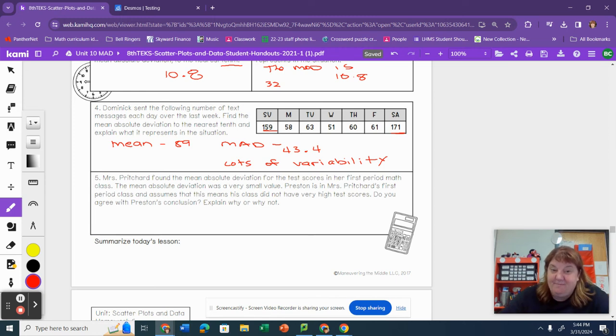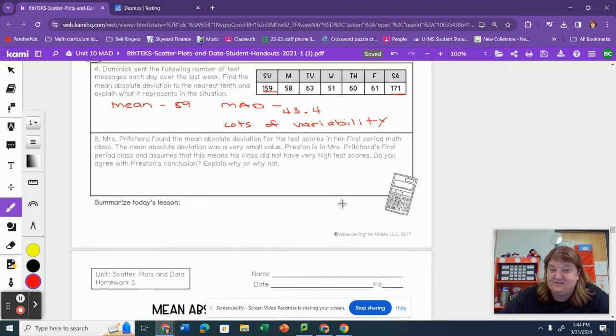Mrs. Pritchard found the mean absolute deviation for test scores for her first period in math. The mean absolute deviation was a very small value. Preston is Mrs. Pritchard's first period class and assumes that this means that the class did not have very high test scores. Do you agree?